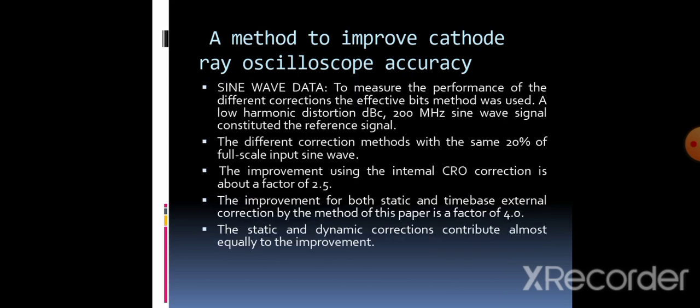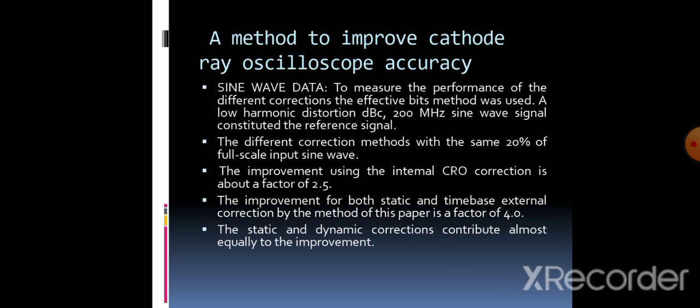And the sine wave data is used to measure the performance of the different corrections, with effective bits methods. The low harmonic distortion in dBc of a 20 megahertz sine waveform signal and the reference signals are compared for different correction methods with the same 20 percent of full scale input sine wave.